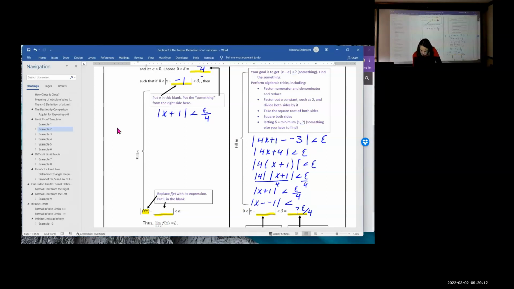Then the next thing that I did, looking at the right-hand side, was I had divided by 4. So to undo that, I'm going to multiply by 4.